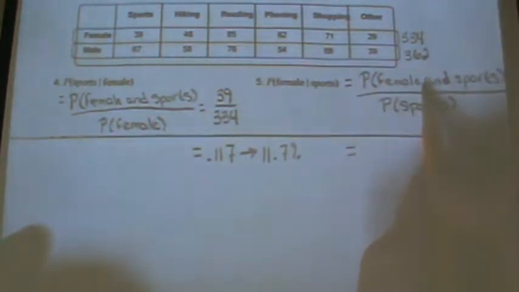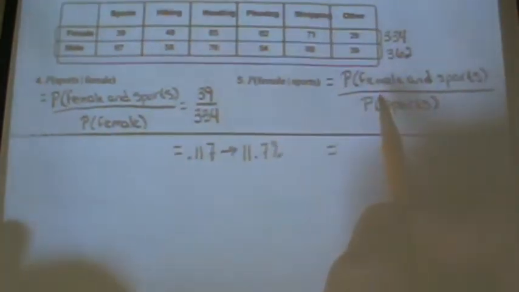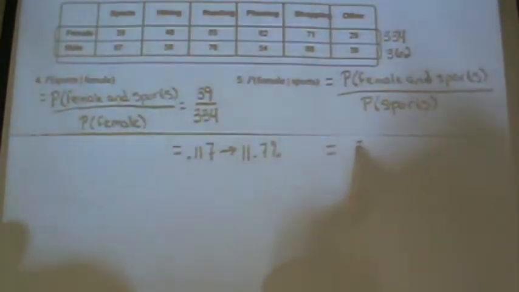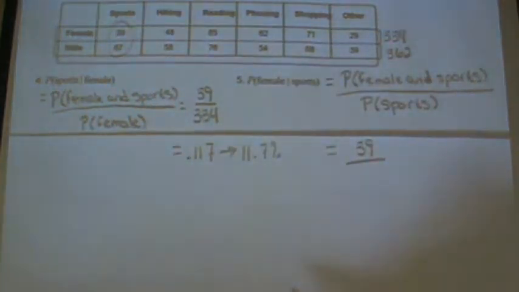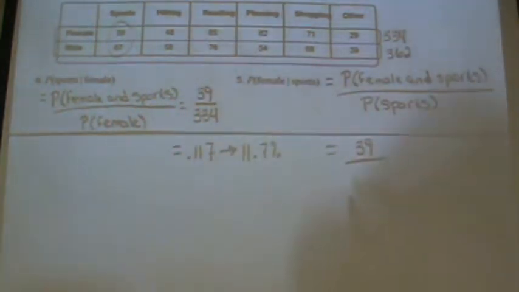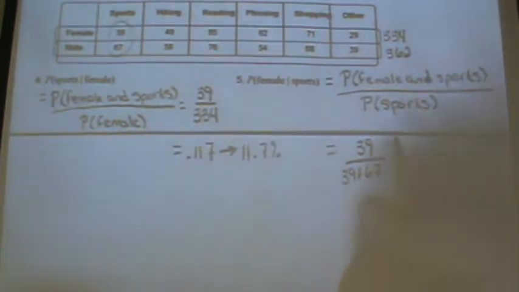So if we plug in these numbers, again, our top number is the same. We still have 39, but now our bottom number is going to change. We're going to add up the sports column. So we have 39 and 67. So this is over 39 plus 67 that we got from our sports column.